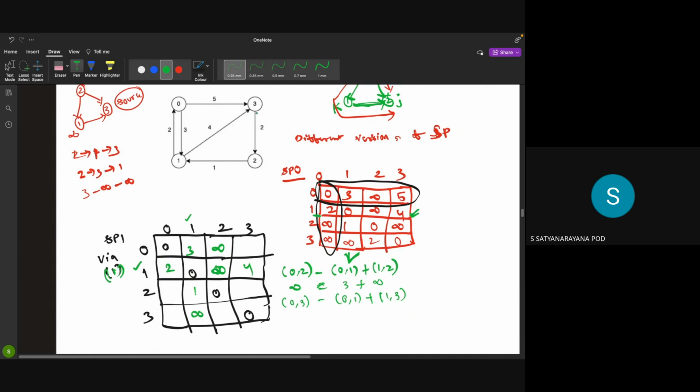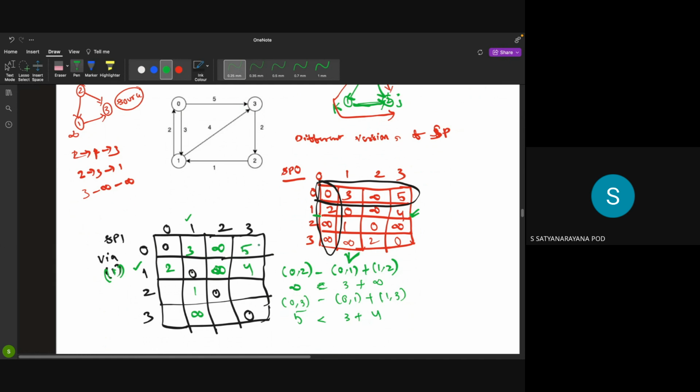What is my 0 to 3? 5. Yes, very good. Next one. So 0 to 1 is 3, plus 1 to 3 is 4. So 5 is less than 7. Which is the minimum? 5 is minimum, no? So we are keeping this 5 as it is.